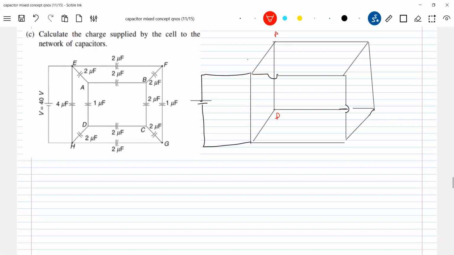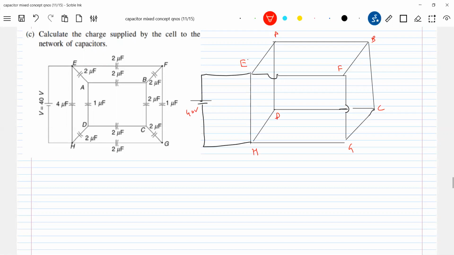This is A, D. This is E. Nothing changed, only I'm making it 3-dimensional. Now if I make it 3-dimensional, it'll become easy for me. That's why I'm preferring this one.